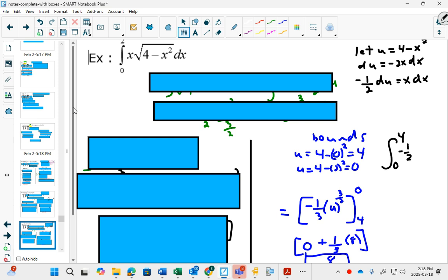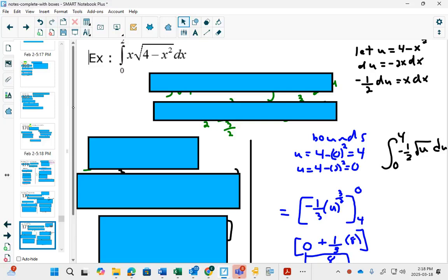So the negative 1/2 can come out in front, and I would have the square root of u du. Now when you integrate this, this is u to the half. Add 1 to the exponent, you get u to the 3/2. Dividing by 3/2, multiply by the reciprocal, will cancel out the 2's, and you'll get the negative 1/3.